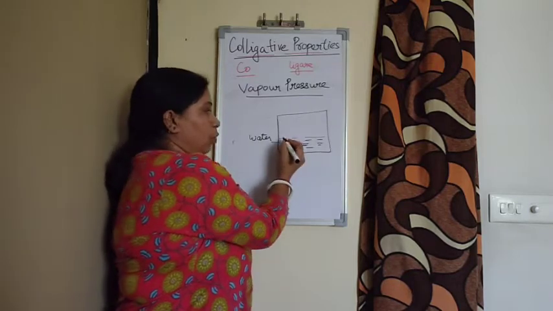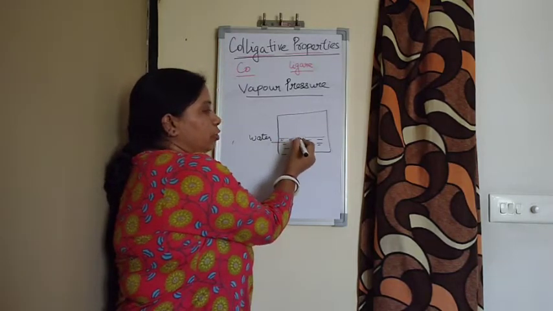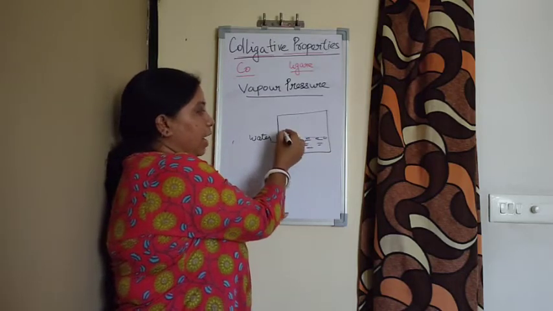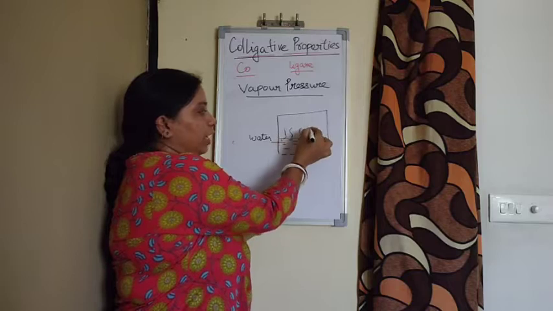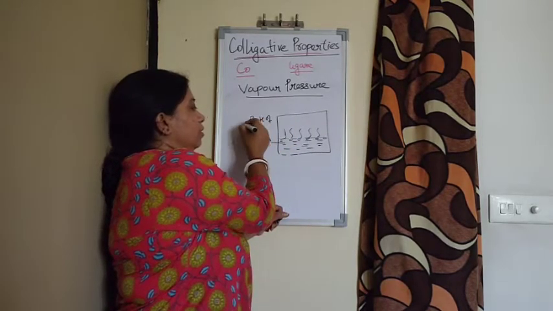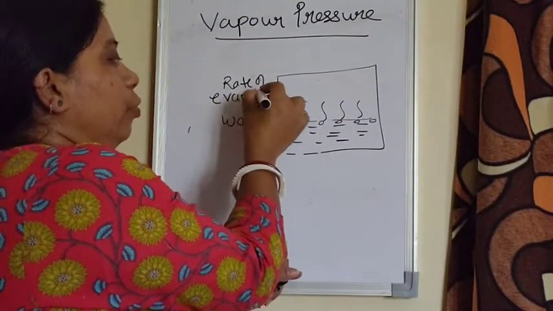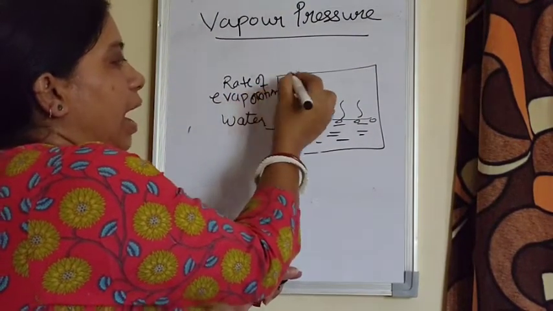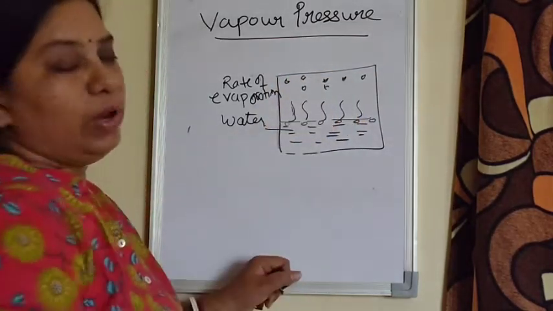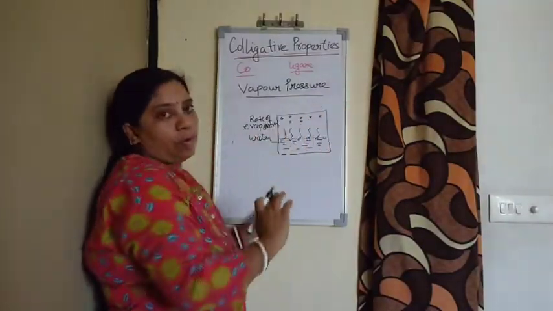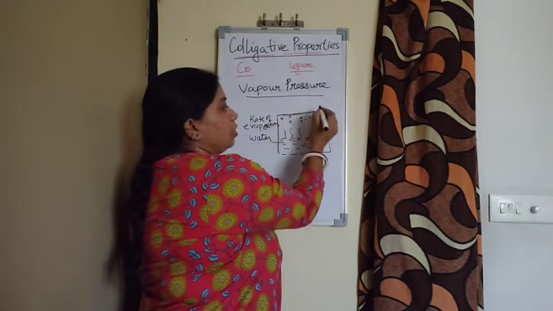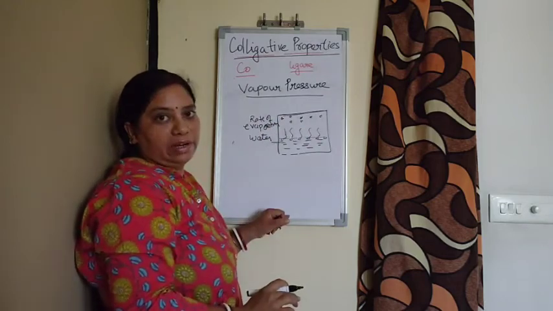Now you all know what will happen: the molecules of this water will come to the surface and after some time they will start evaporating. So we can say the rate of evaporation will begin, and these water vapors will accumulate on the top of the container. Because this is a closed container, these vapors cannot go outside.